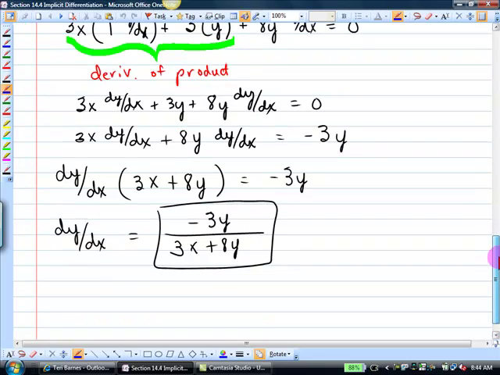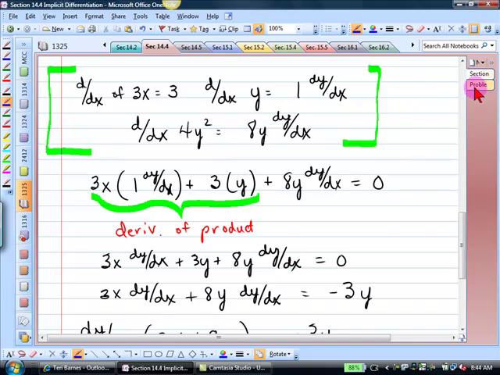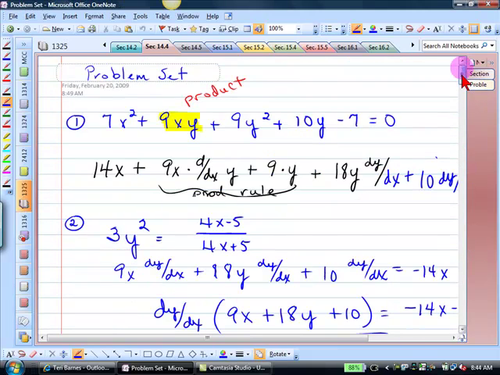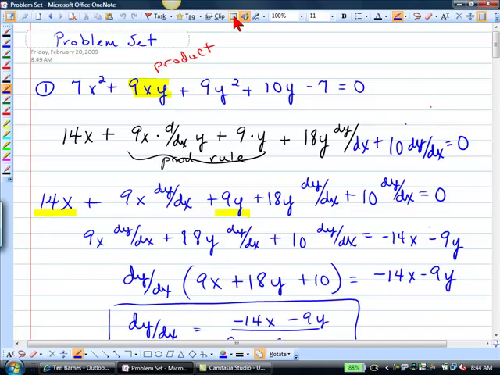All right. So let's go look at the problems. They take a while. Some of them are pretty long. Okay, I think that's the first one. 7x squared plus 9xy plus 9y squared, and so on.